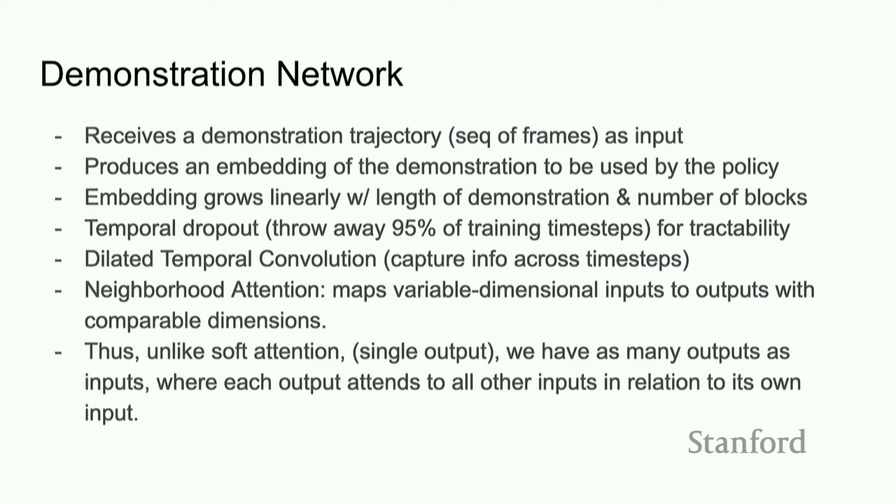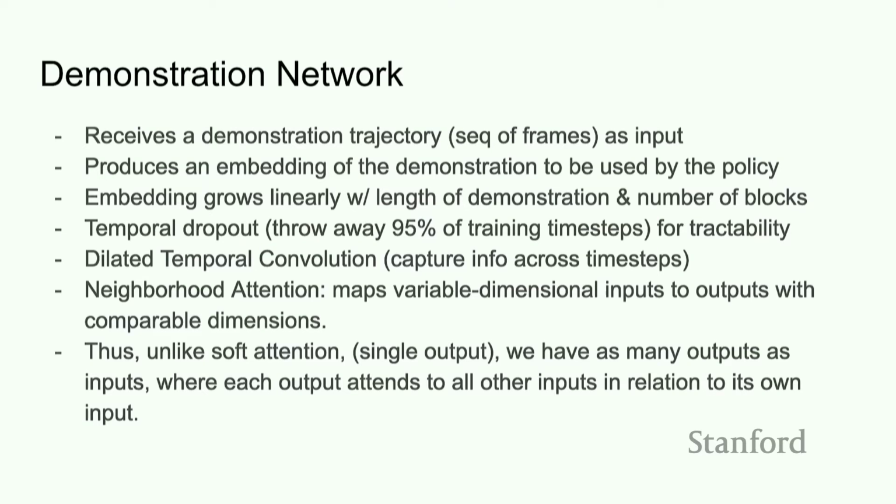The way we make this problem tractable in this neural network is we use temporal dropout, because we might have thousands of time steps within our observation. We throw away 95% of them randomly, and then we use a dilated temporal convolution to capture information from the past, but focusing more on the more recent time steps.